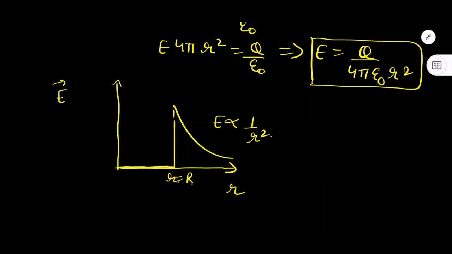And on the surface, for r equal to capital R, it will be kQ by R square. We just need to put small r equal to R on the surface and we'll get our result.